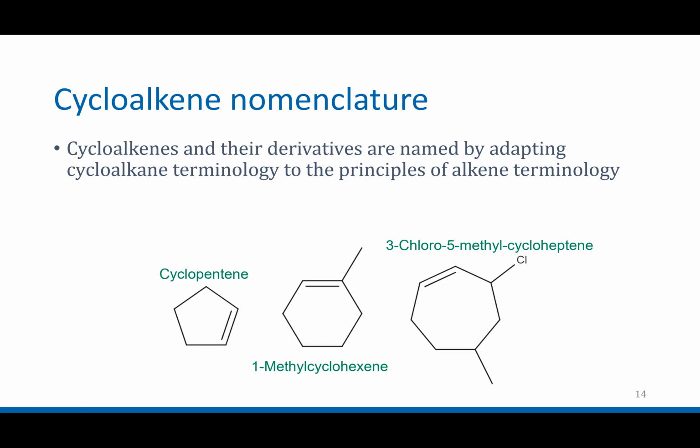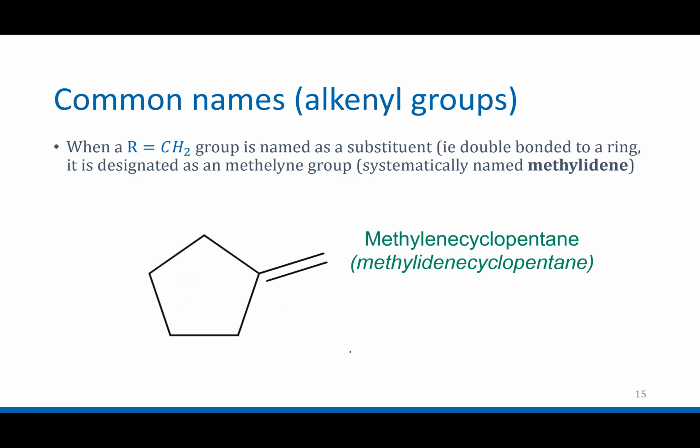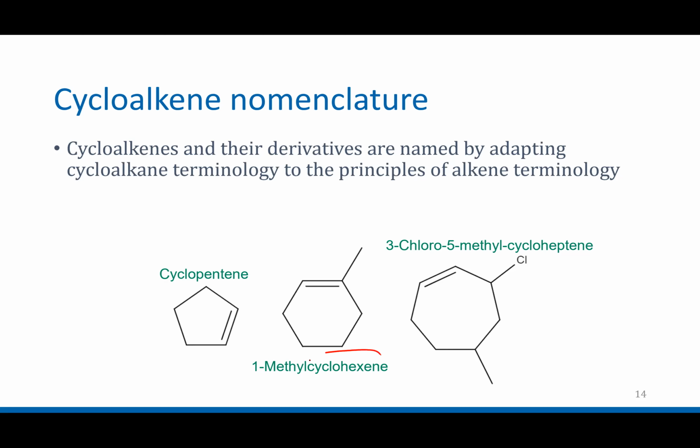The other thing to consider, you'll notice that all of these cyclo groups don't have any numbers in front of them because it's assumed with a ring that you start at number 1. So obviously here I would number this 1, 2, 3, 1, 2, 3, 1, 2, 3. You're going to start the ring where the double bond is on the first carbon.